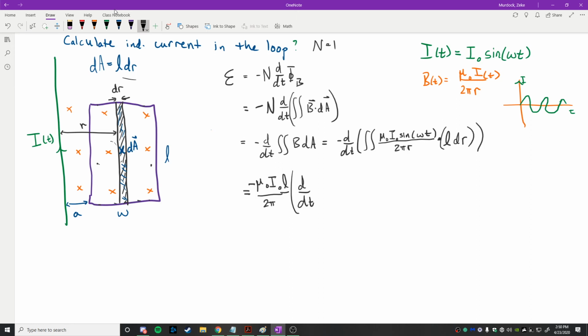The only thing that varies with time is the sine function. And it doesn't vary in space, so we can pull that out of the integral. And then we have what's left inside. I think it's just this, right? Does that look right to you guys?